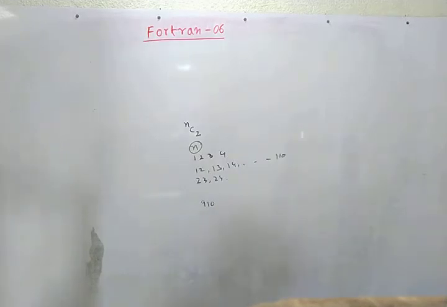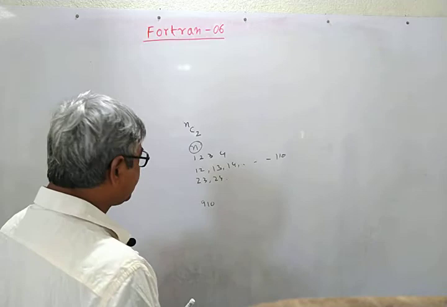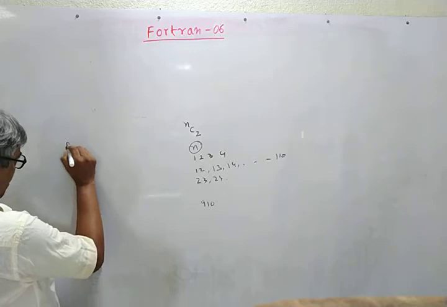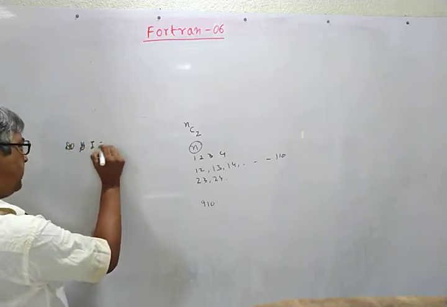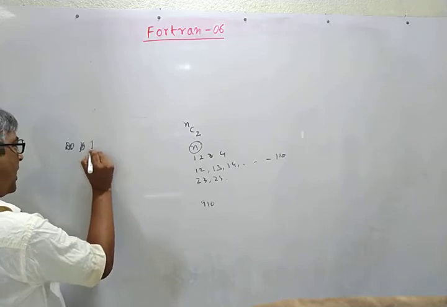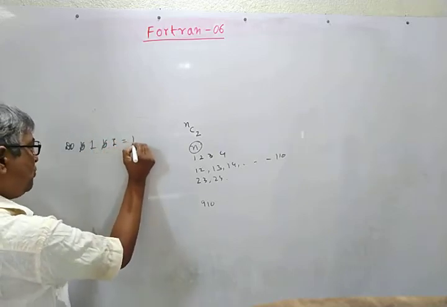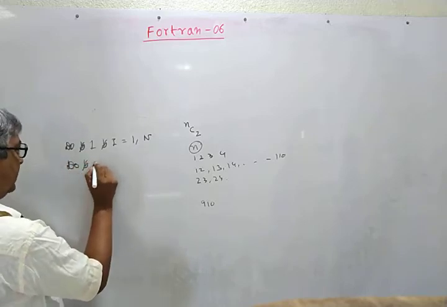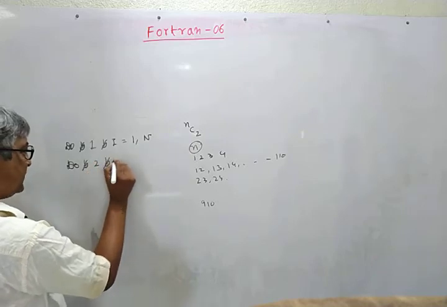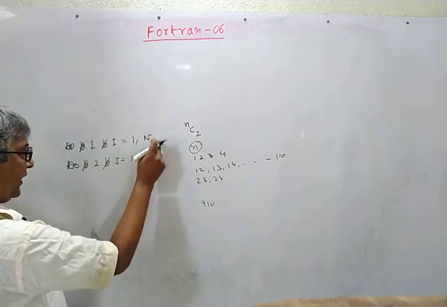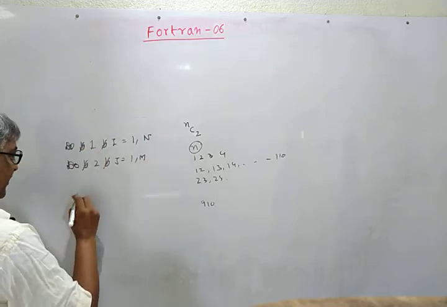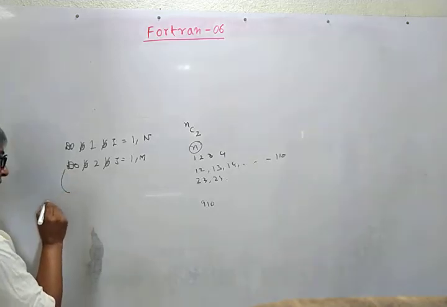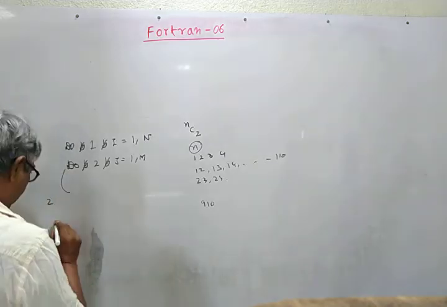So if we want to do such a nested do loop, a precaution must be taken. If we have an outer do loop, do, blank, 1, blank, i = 1 to n, and then we use another do, blank, 2, blank, j = 1 to m, where n and m are two integers to be specified, then we must know that this loop must be completed first, 2 and then 1.